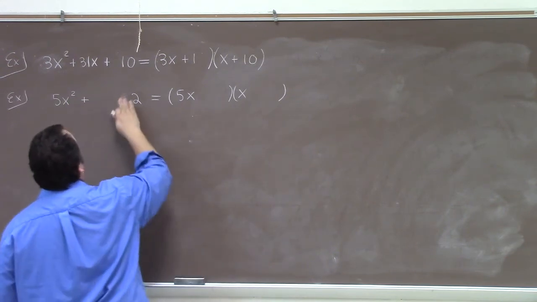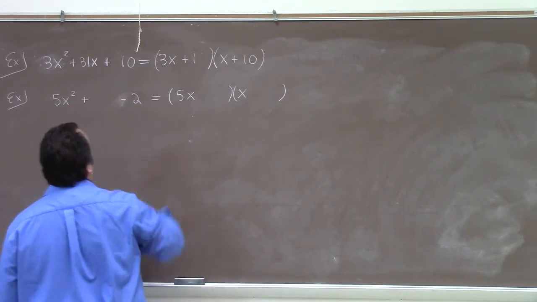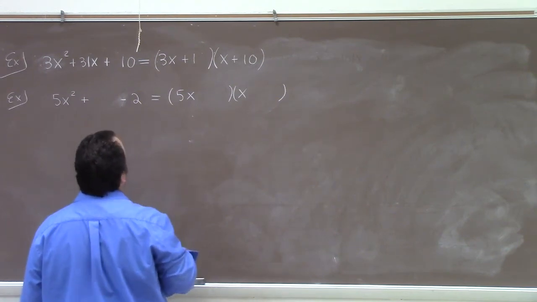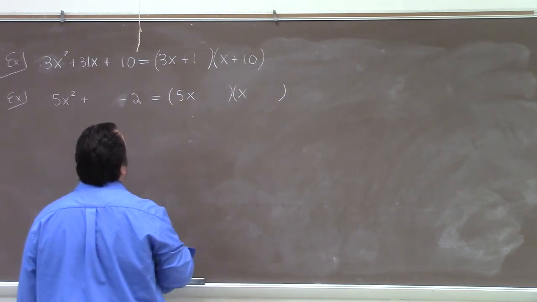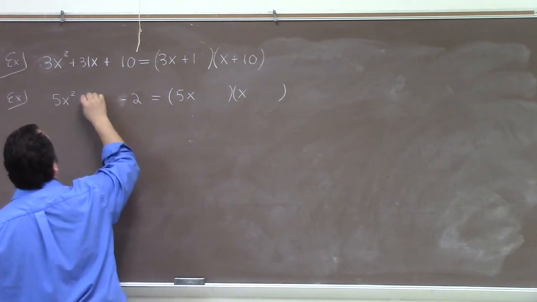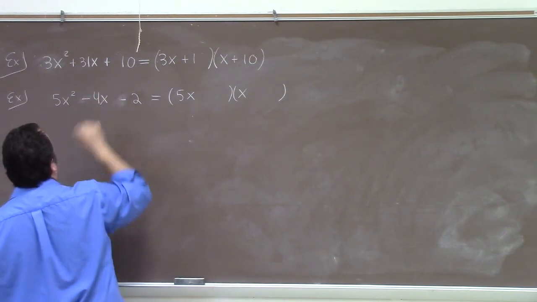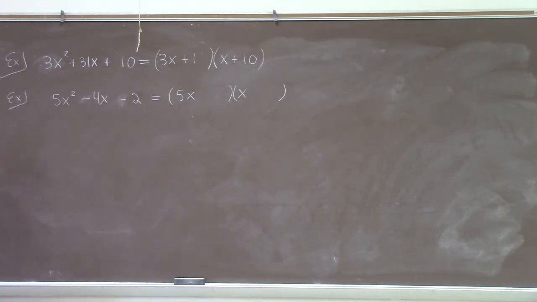I'll do a minus 2. We've been doing too many pluses. Let me put a minus there. 5x squared minus 4x minus 2.